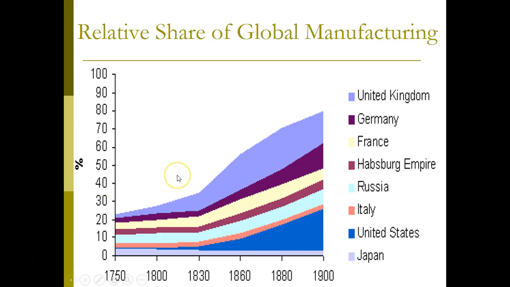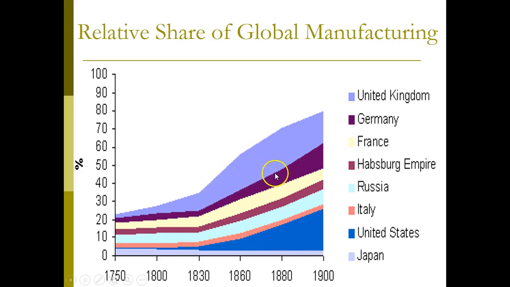What I want you to understand about this, though, is two things. First, look at the United Kingdom. And in a moment, we're going to get into what exactly is the difference between England and Britain and the United Kingdom. But what I want you to notice is it continues to grow until 1750, and then it really starts to take off.